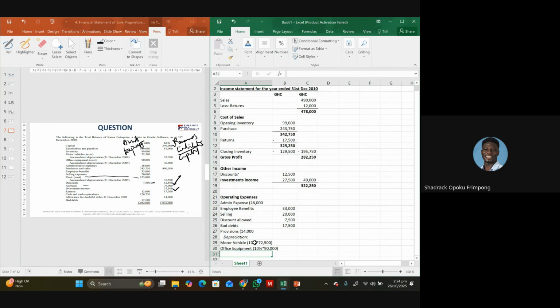Then we have what? Plant. So plant is also going to be 10% times what is the cost of the plant? 125,000.